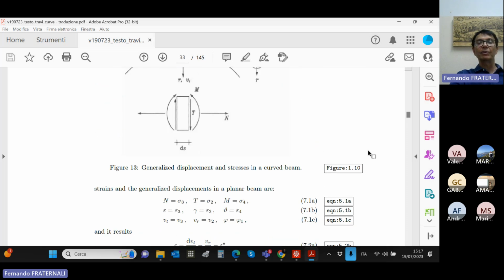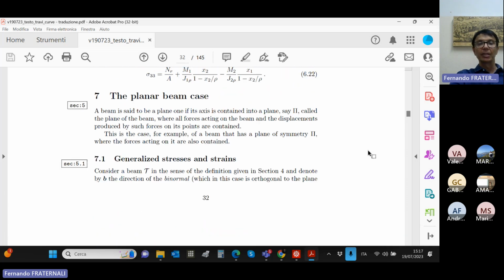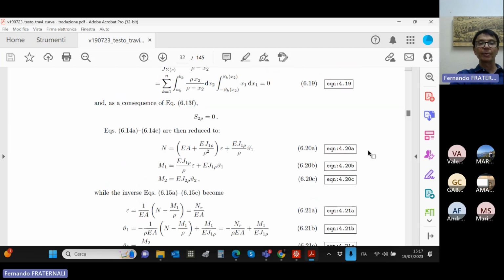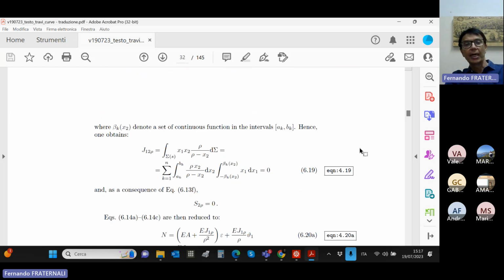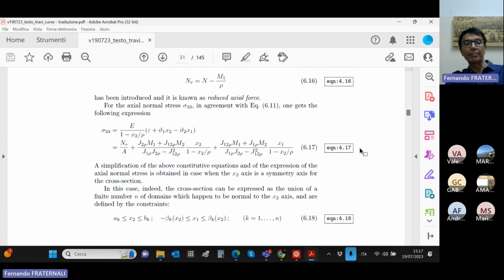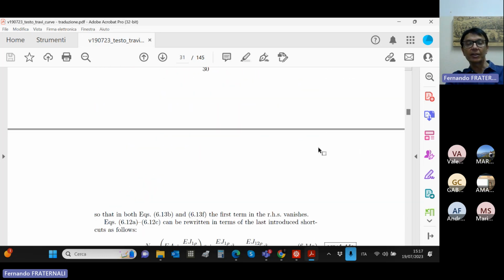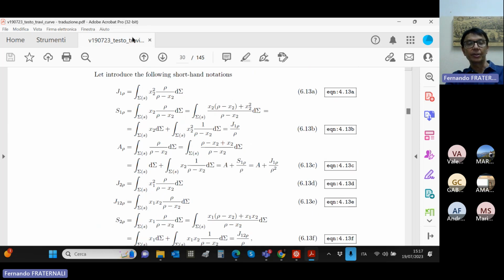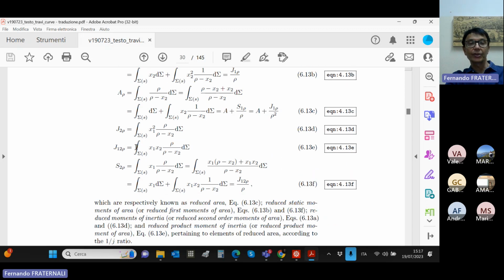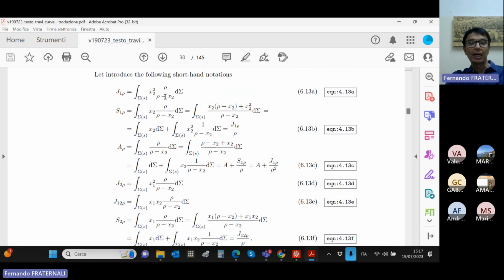Yesterday we presented the three-dimensional problem of beams with strong curvature, and we introduced a number of reduced quantities: the reduced area, the reduced moment of inertia, the reduced static moment.